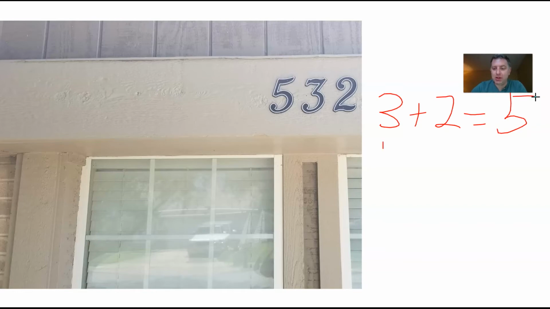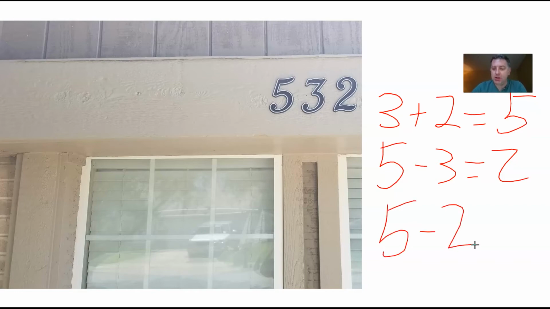You might also do 5 take away 3 equals 2. Or even 5 take away 2 equals 3. Those numbers go together because 3 and 2 are number pairs that, when put together, make 5, right? And if you take one of the pairs away, you get the other pair.